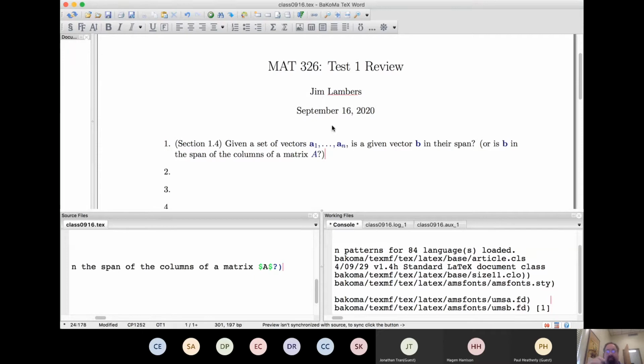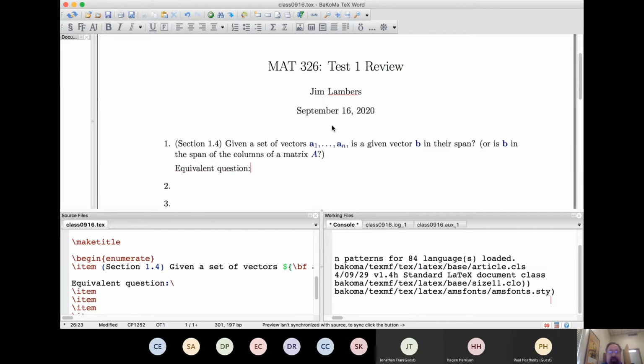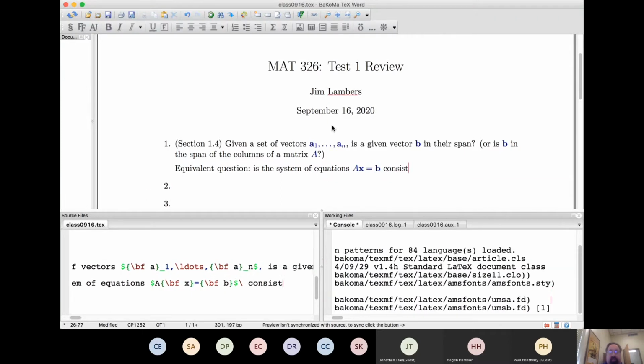Okay. So really what this boils down to is, is the system of equations AX equals B consistent?